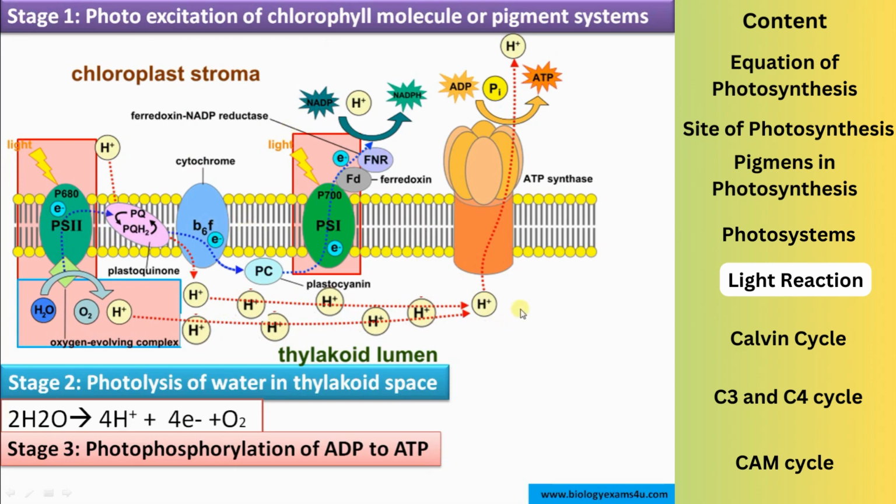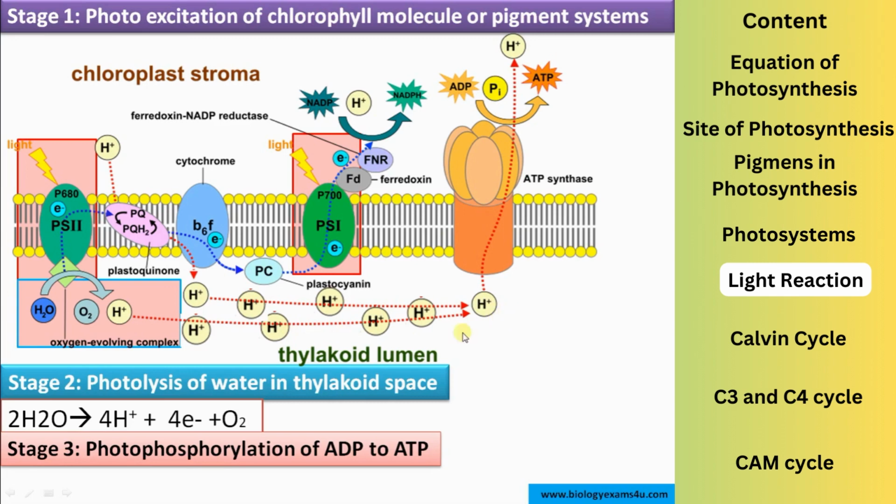The only way out is a protein called ATP synthase. When the protons move through this ATP synthase, the energy is utilized for its catalytic activity, adding phosphate to ADP, forming ATP. This is called the chemiosmotic hypothesis, and this force is called the proton motive force.